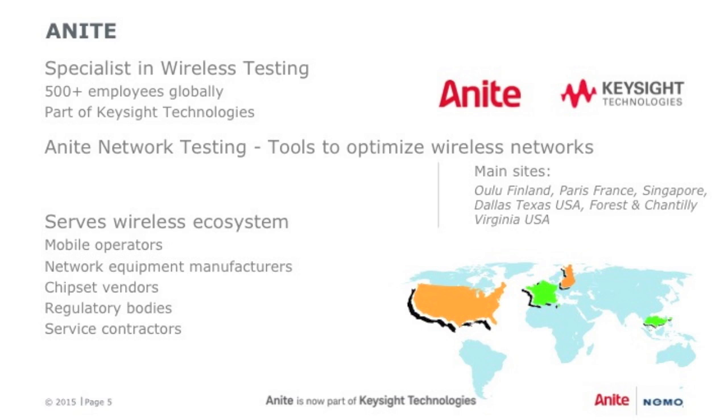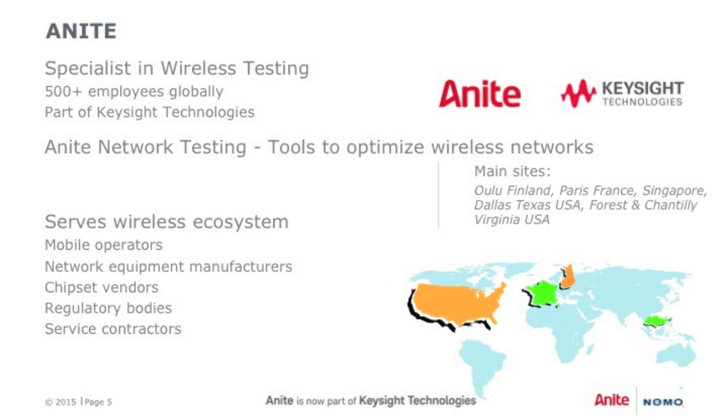To start off, our company is Anite Network Testing, and we are a specialist in wireless testing with about 500 folks globally. Recently, we've been acquired by Keysight Technologies, so we are now part of the Keysight family. But our focus is still mainly on providing tools to optimize wireless networks. Within Anite, we have two divisions. One is network testing, and then there is device testing as well.